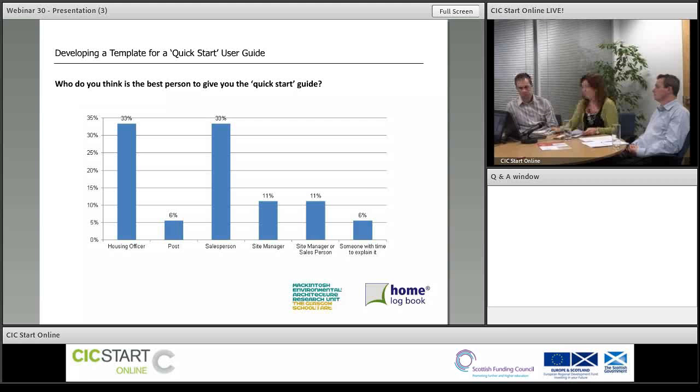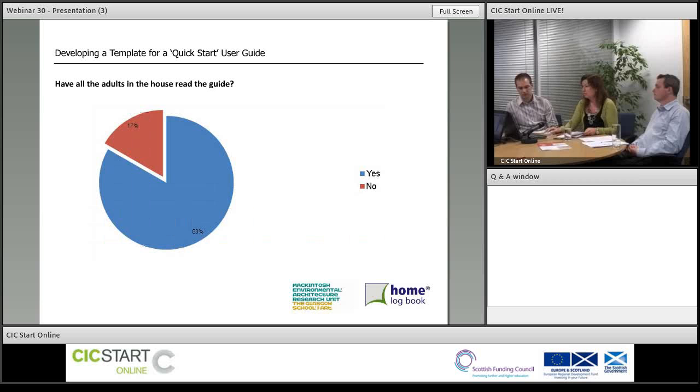We then went on to ask about who's actually read the guide in the house, and of course have all the adults actually read it. Whilst one person, and it could be the home occupier, has read it, really everybody in the house who's in control or influencing the heating system should be aware of the guide and having read some of the key information within that.